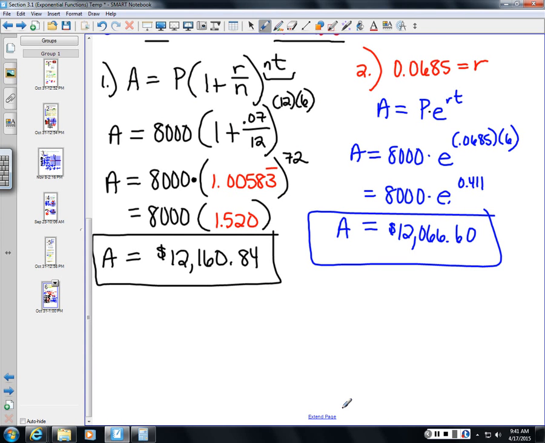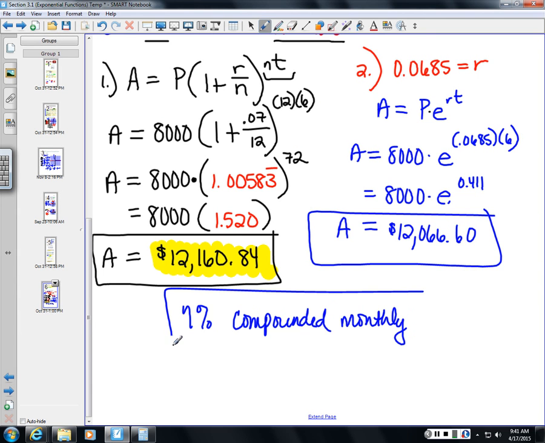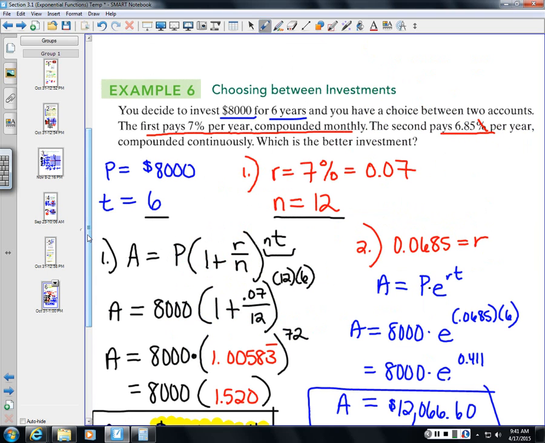Although we are going to have about $12,000 at the end of the 6 years, scenario 1 still gives me slightly more money, so I'm definitely going to go with the 7% compounded monthly. 7% compounded monthly is the option that I would go with if I was going to invest my $8,000, because it asked which one is the better investment.